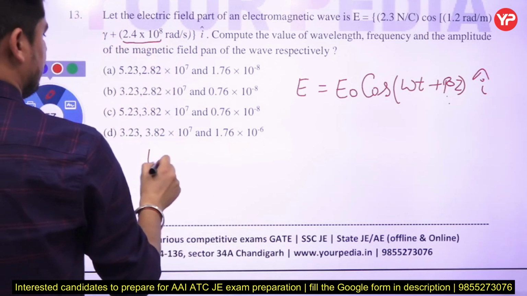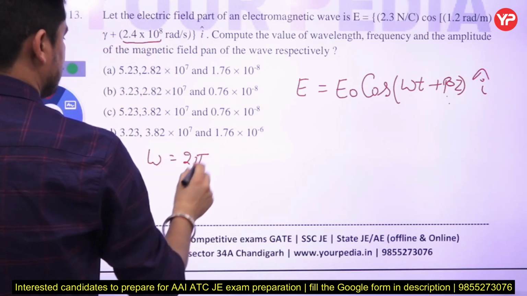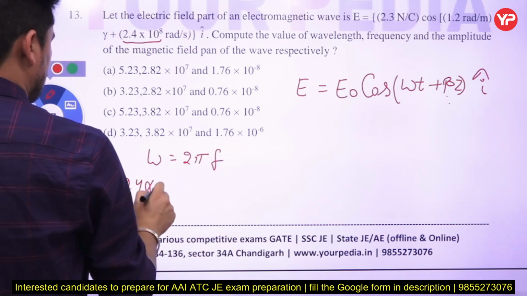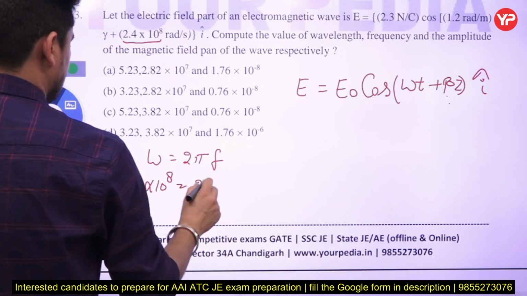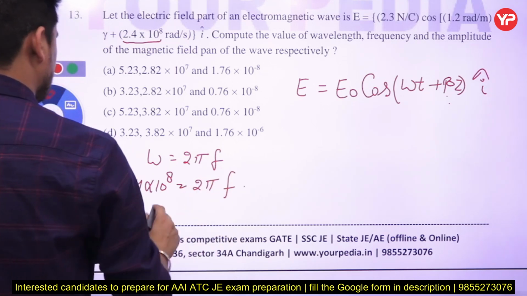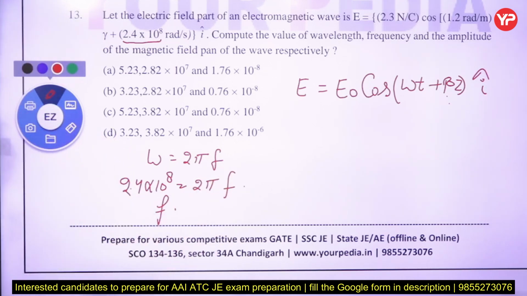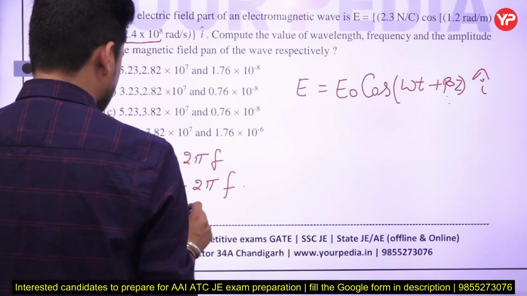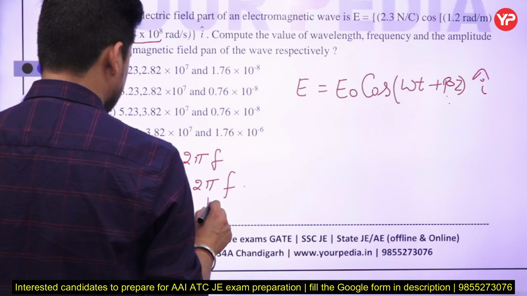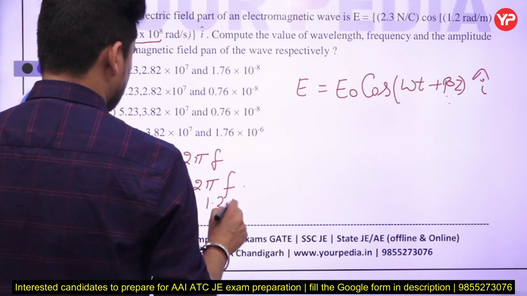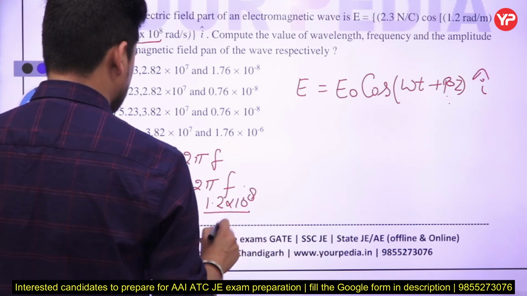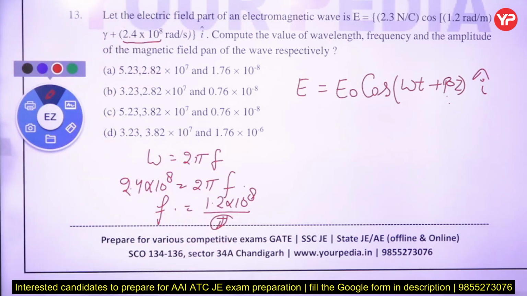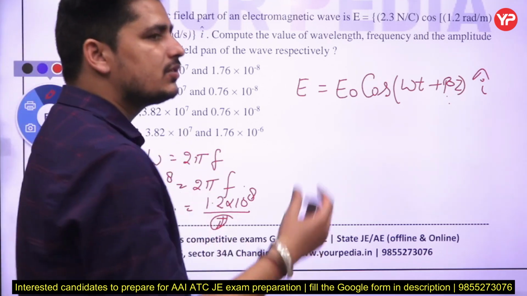Omega is 2.4 into 10 raised to power 8, that is 2 pi f, and it is given to you: 2.4 into 10 raised to power 8 is equal to 2 pi f. So we have to calculate the f value from this one. When you calculate the f value, that is 1.2 into 10 raised to power 8 divided by pi. So basically if you treat this pi as 3, that is 12, so it is around 3, just below 3.